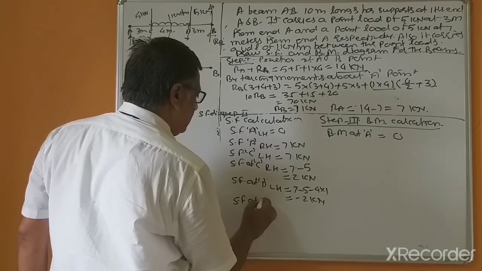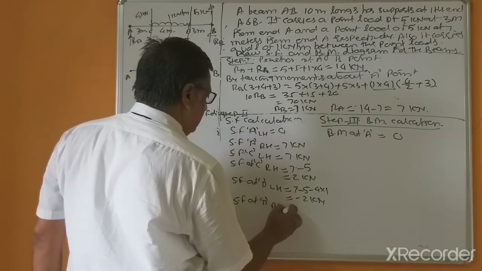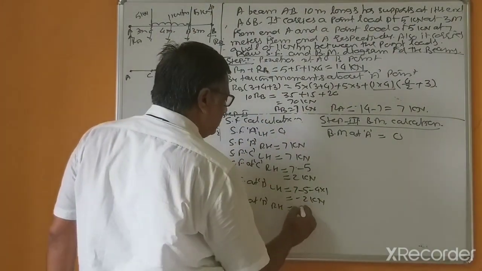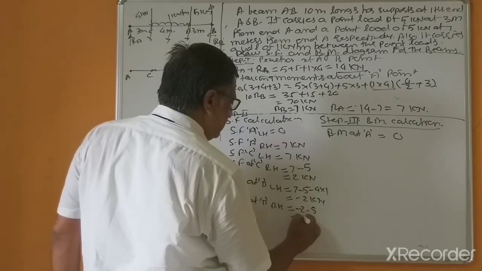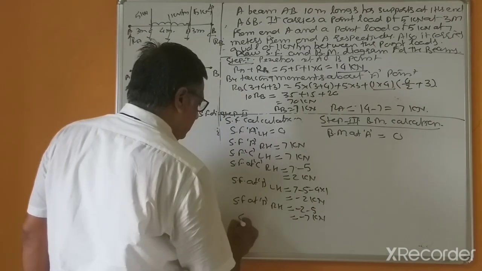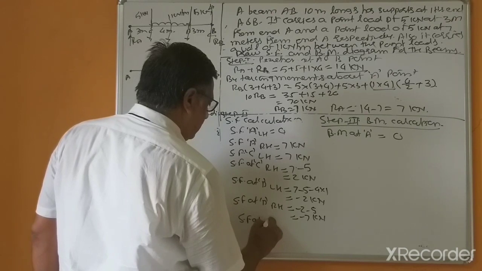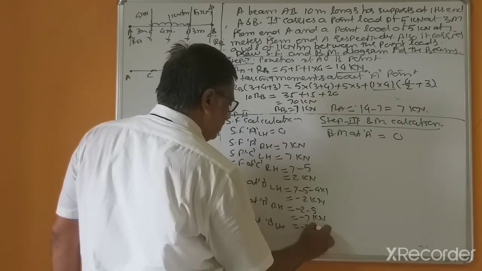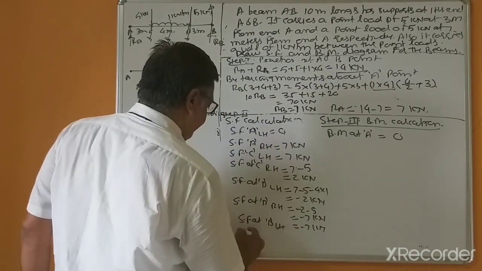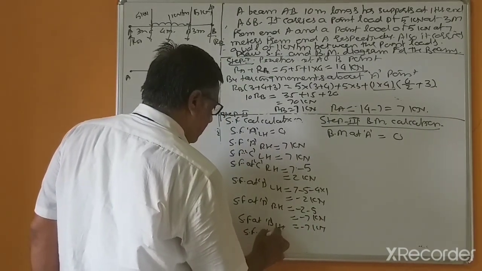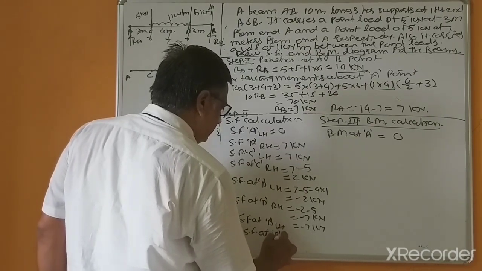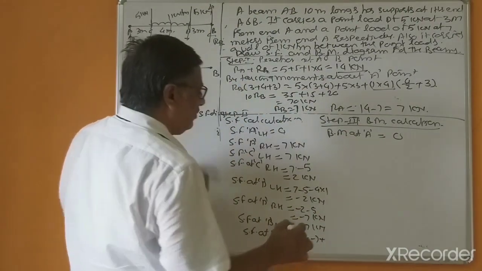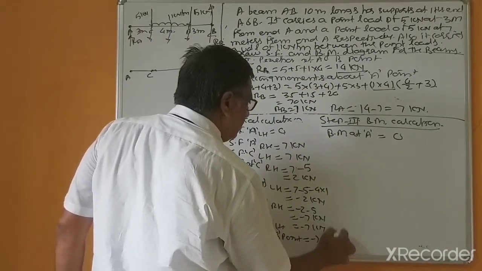Shear force at D right hand side, again 5 kilonewtons downward, so here minus 7 kilonewton. Now shear force at B left hand side equal to minus 7 kilonewton, because there is no force, and at B, adding upward force RB equal to 7, this is equal to 0.